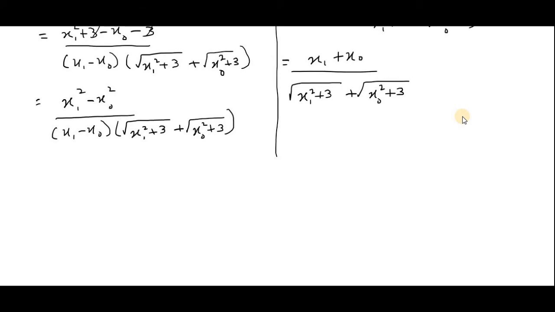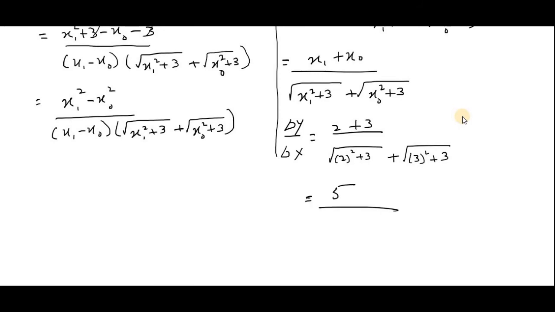So delta y by delta x is equal to 2 plus 3 whole divided by under root x1, which is 2 square plus 3, and under root of 3 square plus 3, is equal to 5 over under root 4 plus 3 plus under root 9 plus 3, which is 5 over under root 7 plus under root 12.